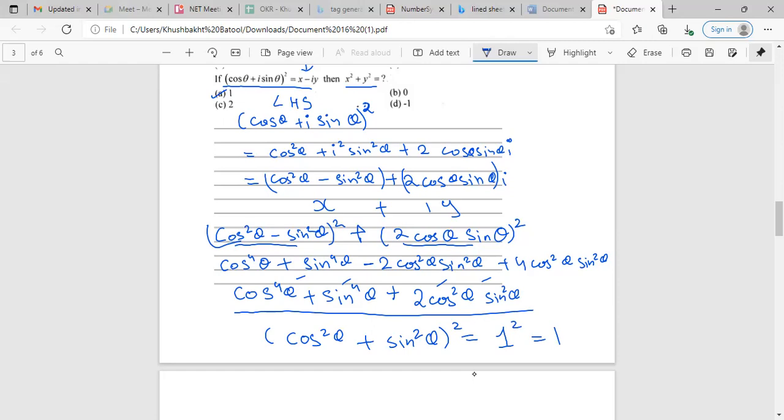Once we were done with the expansion, we can see that x is cos square theta minus sine square theta, because x is the real part, and y is the imaginary part, 2 cos theta sine theta. And finally, after getting x and y, I have to square x, I have to square y, and I got 1 as my answer.